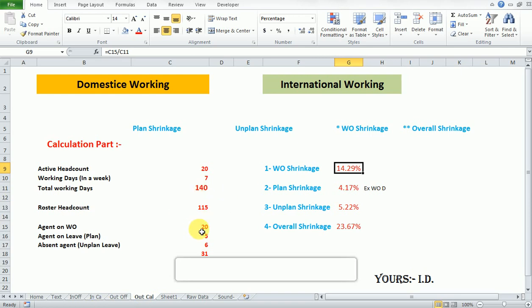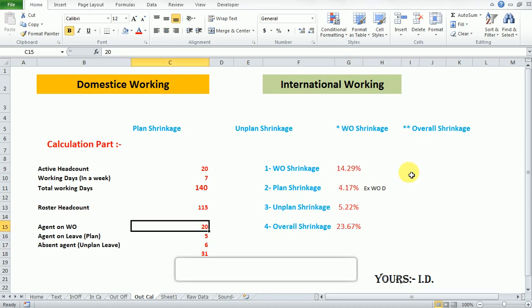If we are working in an international process, we have to give 2 week offs for every person. So in 7 days we have to allot 40 week offs, and then the week off shrinkage would be 29%. Got my point on international working and domestic working?